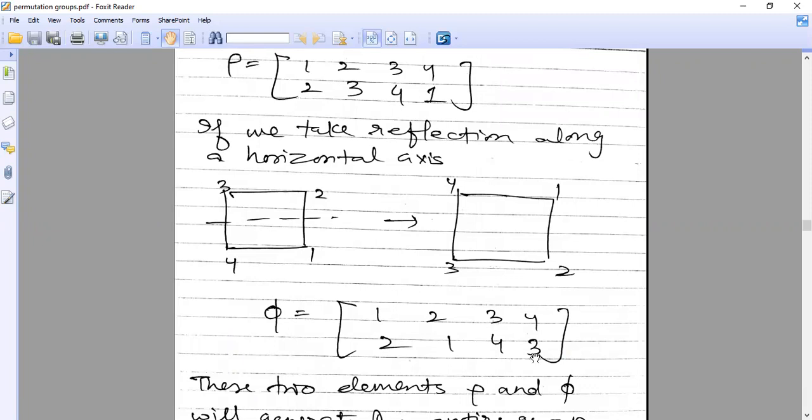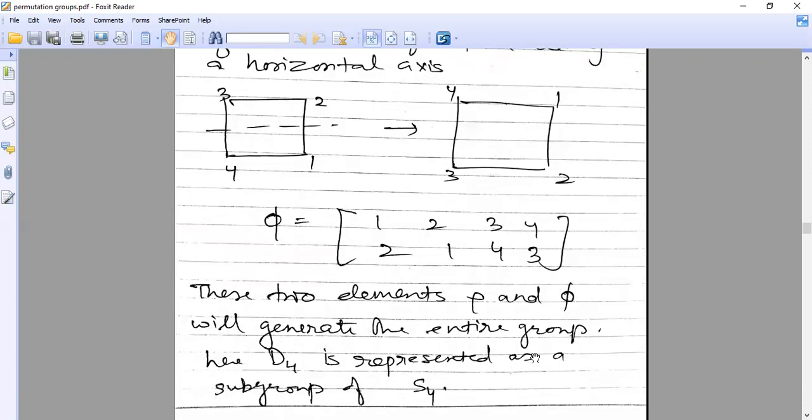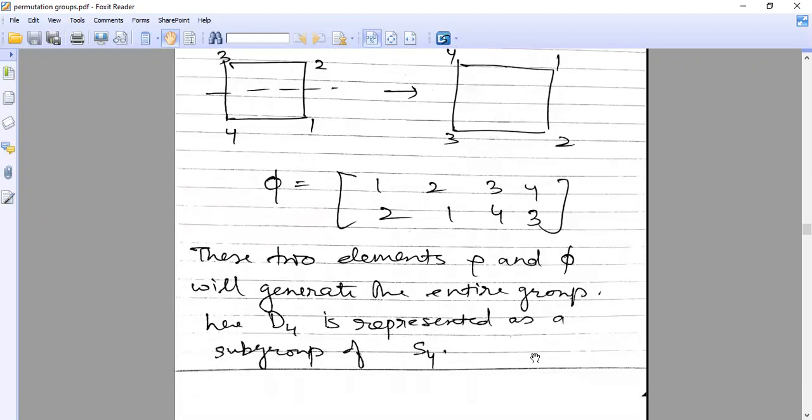So these are two elements, rho and phi, and these two elements will generate the entire group. You can verify that all the other results of rotations will come from these two. You compose these two permutations, and then you will get all other elements of the group.